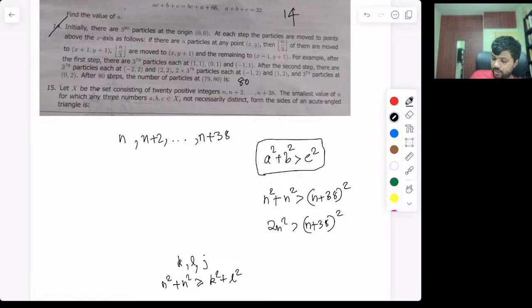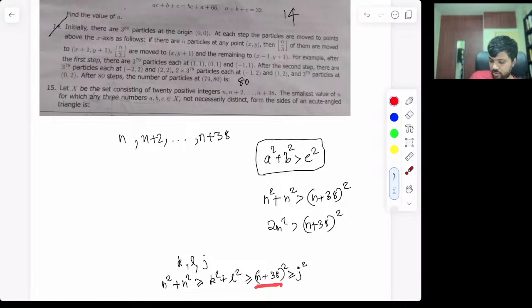But how are we sure it is greater than j square? No, I can't say that. K square plus l square, but why is it greater than n plus 38 square? That's not obvious.